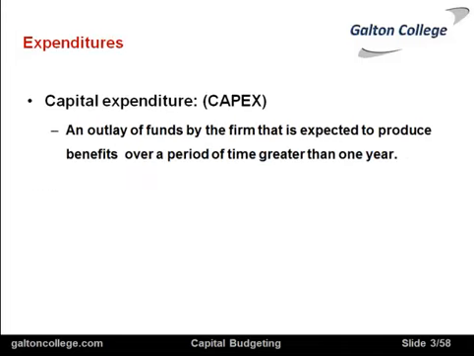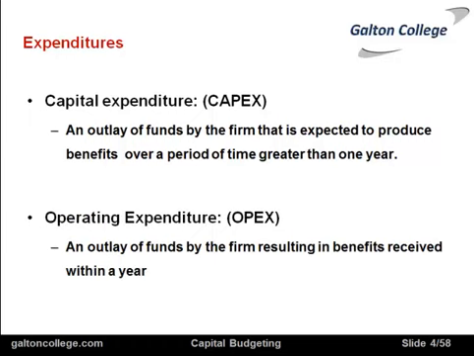There's, from our perspective right now, two types of expenditure here. There's capital expenditure, which is known as CapEx. It's the outlay on items which produce benefits over a longer period of time, usually more than a year.